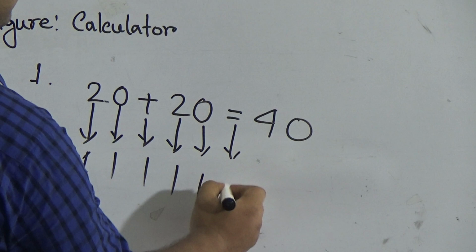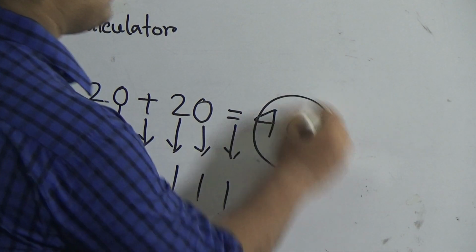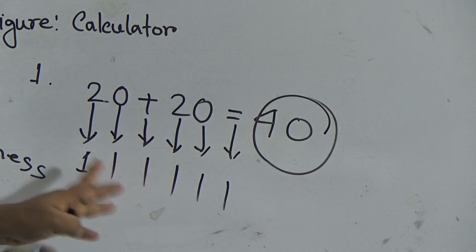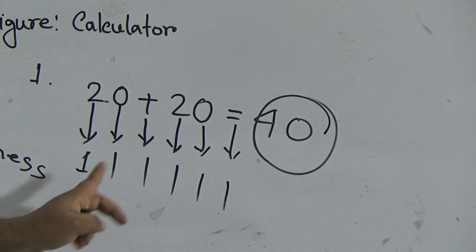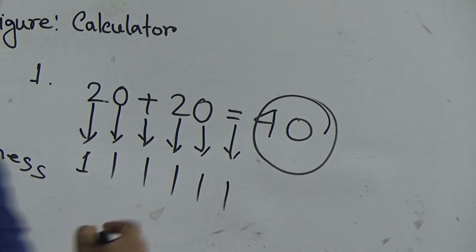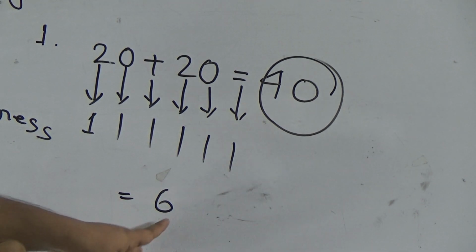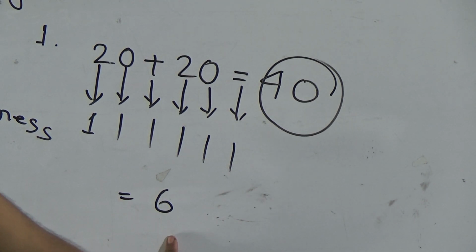Then we press equal sign. After you press equal sign, then you get this 40. So how many buttons? 1, 2, 3, 4, 5, 6. So to get this result, we press 6 buttons in a working calculator. I hope you have understood.